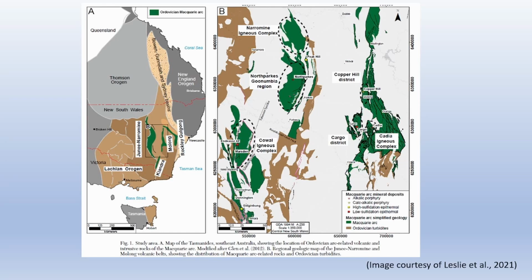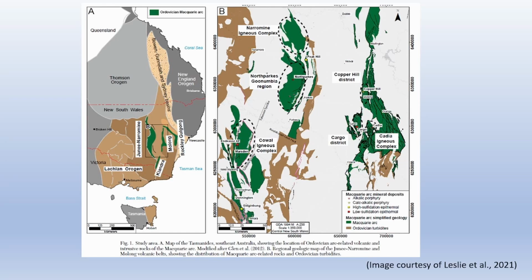Now, let's zoom in to see where the mineral action happens in panel B. Here we have the North Parkes region, which is home to Australia's only block cave mine for copper-gold, and it's a classic alkalic porphyry system. Then we have the Cowal igneous complex.